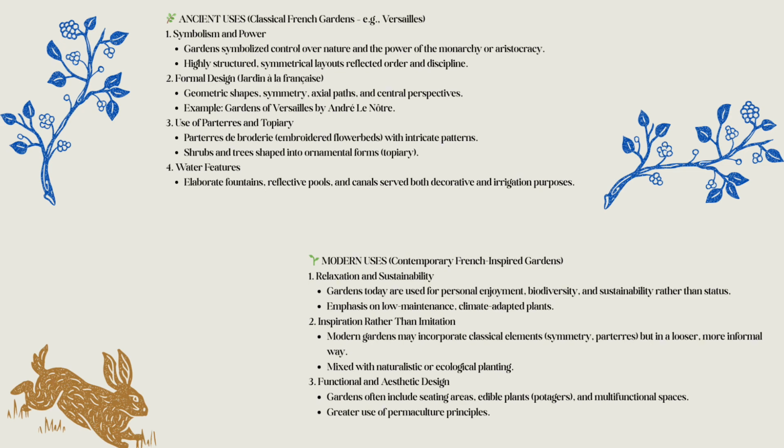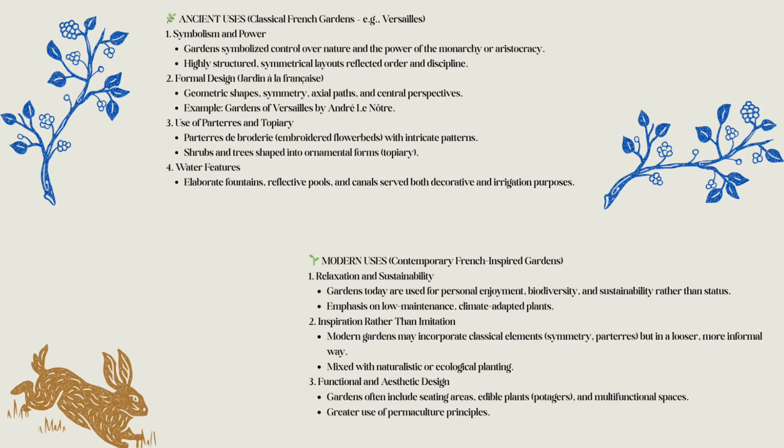For the ancient uses in French gardens, the first is symbolism and power. Gardens symbolized control over nature and the power of the monarchy or aristocracy. Highly structured, symmetrical layouts reflected order and discipline. The second one is formal design, Jardin à la Française: geometric shapes, symmetry, axial paths, and central perspectives.